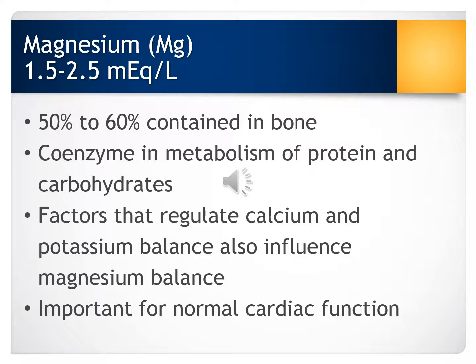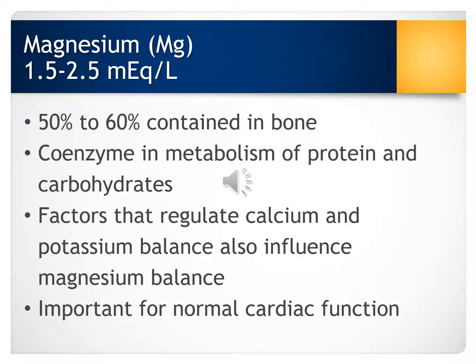Magnesium is the second most abundant intracellular cation. Approximately 50 to 60% of the body's magnesium is contained in the bone. Magnesium functions as a coenzyme in the metabolism of carbohydrates and proteins. Many of the factors that affect calcium and potassium balance also influence magnesium balance.